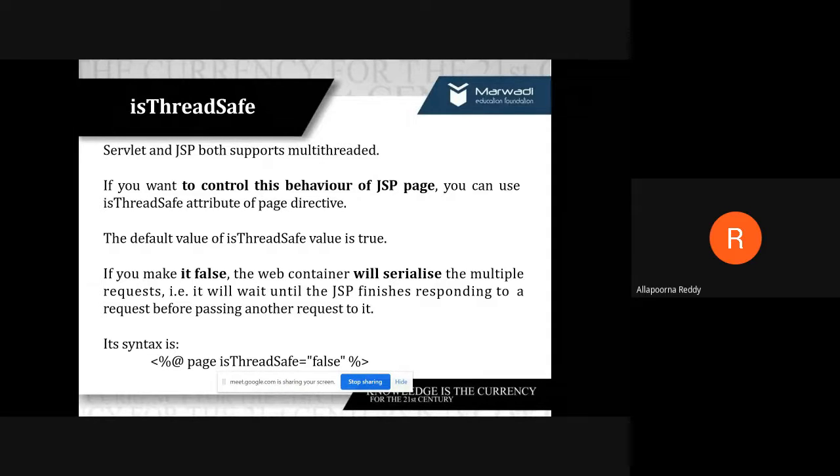Don't worry, it will be taken as true. So the default value of isThreadSafe is true. But if you make it false, what happens is, suppose you have multiple requests from your clients, then what happens?